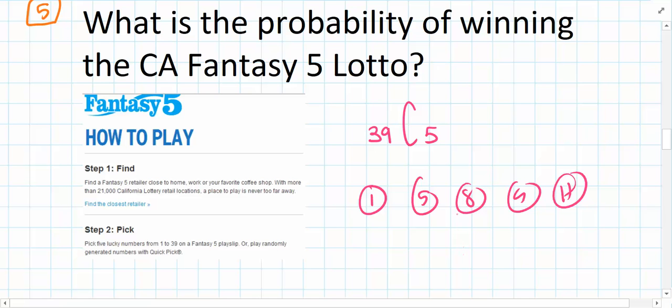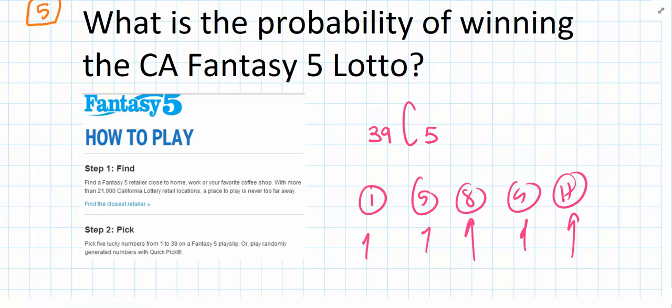Well, in the very first pick, 8 pops up. In the second pick, 11 pops up. And then the 5, and then the 1, and so on. So the order in which they are picked does not matter. Just having all the numbers on the ticket matters. That's a combination problem, right?